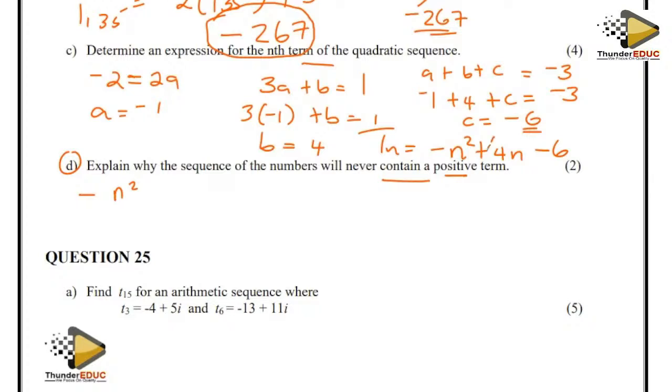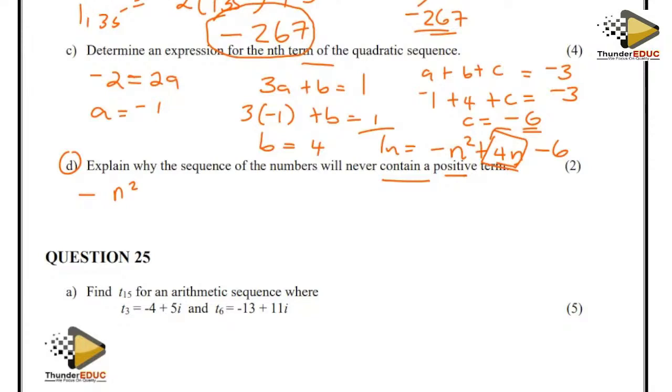Then when you have 4 times the position of the number, that's going to be positive. But the overall result that we get here, in most cases, is going to be smaller.